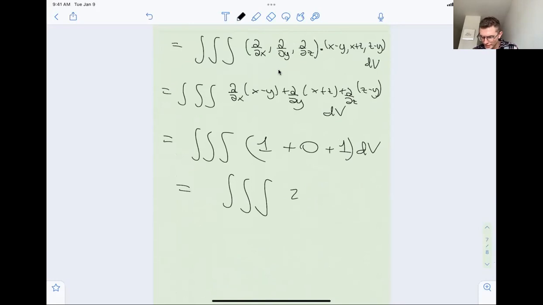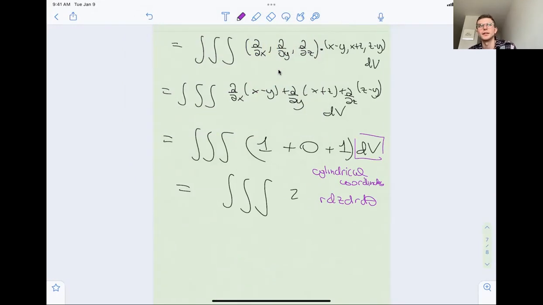So in cylindrical coordinates, dV becomes r dz dr d theta. Obviously, the triple integral can also be done in spherical, or it could also be done in Cartesian, actually.